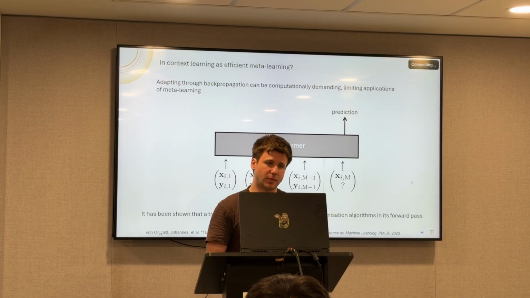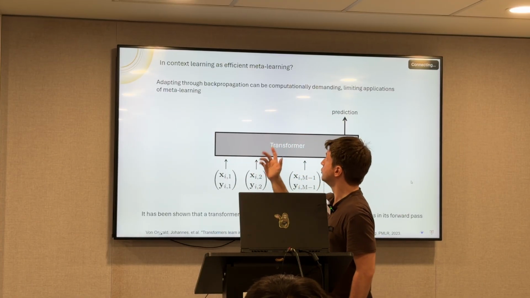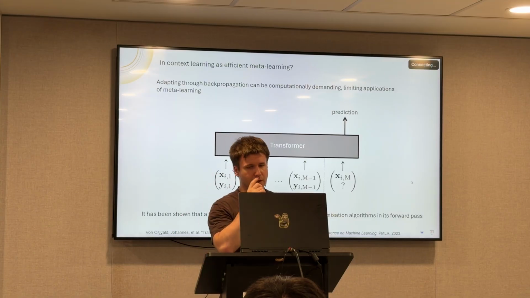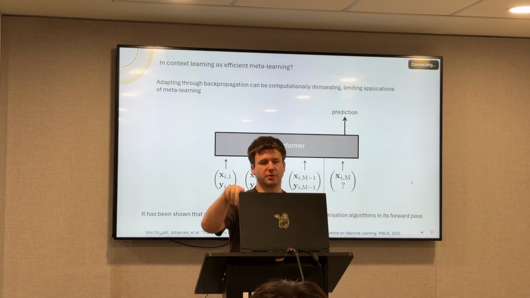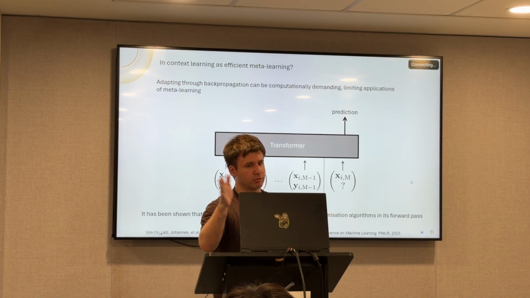But one thing that I've always been interested in is using in-context learning as an efficient form of meta learning. Because, of course, when we use typical algorithms like MAML and Reptile or whatever, we use backpropagation, right? So we take the gradients across the whole network.